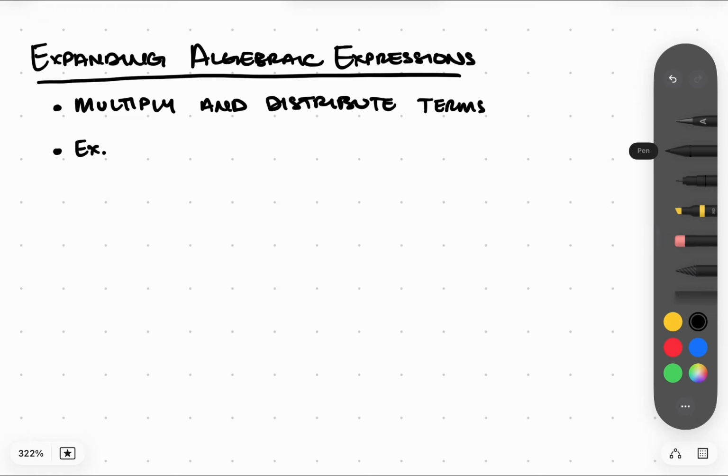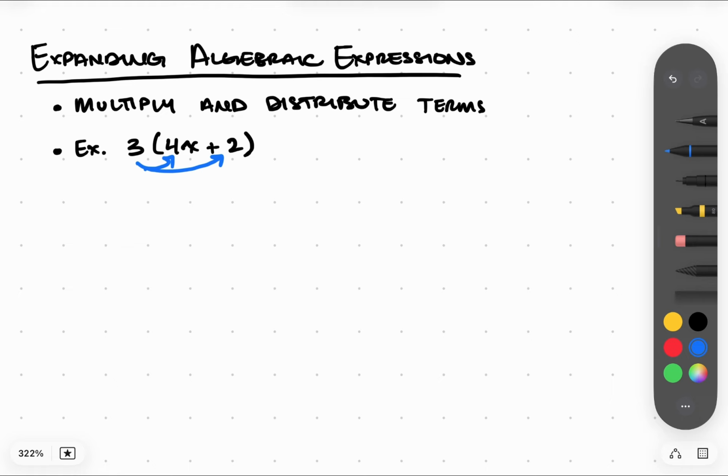Simply put, let's say I have 3 and it is multiplied by 4x plus 2. I'm going to use the color blue here, and this is something I actually recommend you doing in your actual assignments as well, just so you remember what steps we're following. So here we could distribute, where I am going to hand out the 3 to the 4x and to the 2.